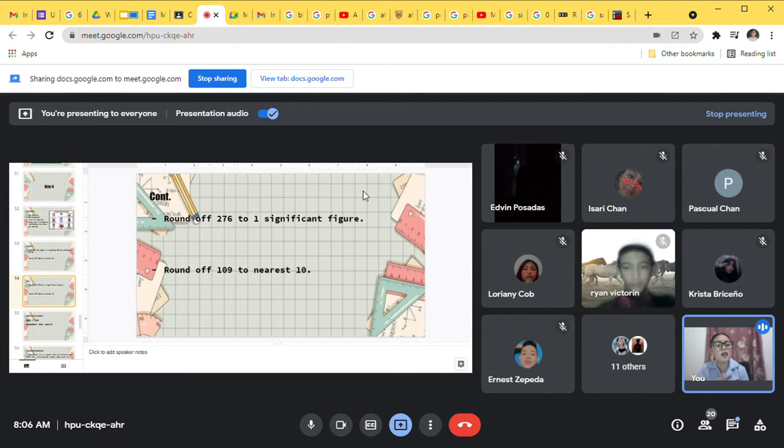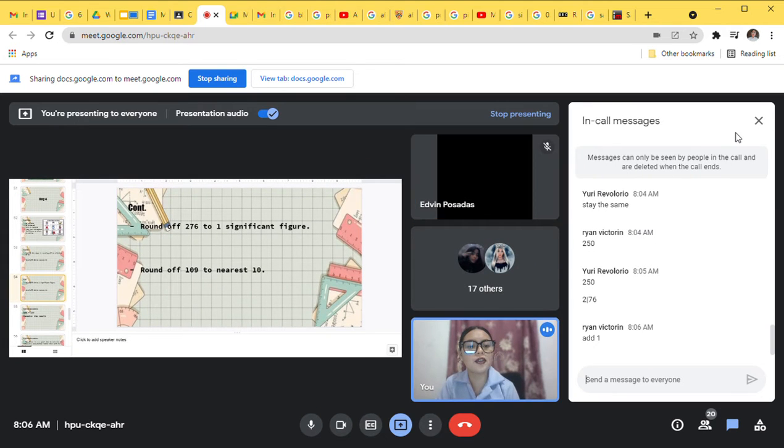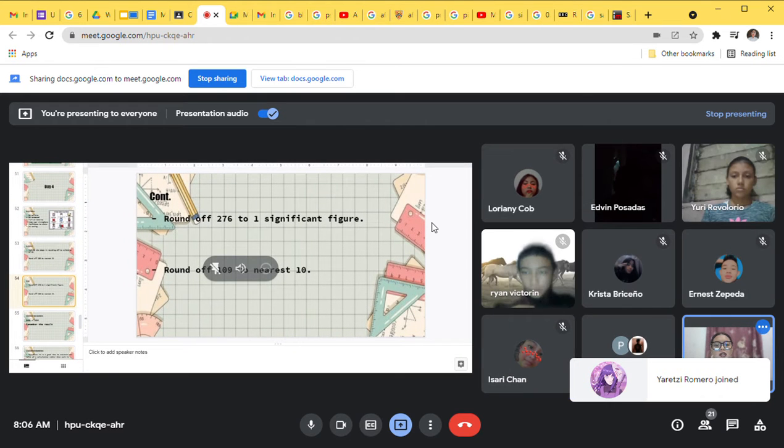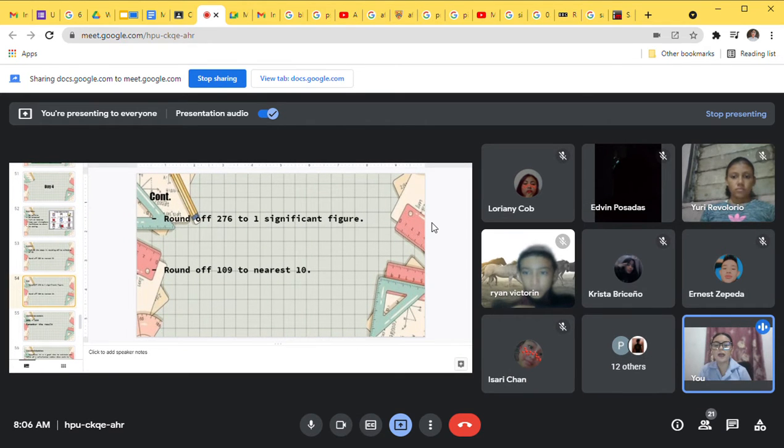So we need to round off there. We take a look at the 7. Since 7 is bigger than 5, then we need to... what do we do? Do we keep the 2 or do we have to add 1? Add one. Very good, right? We add 1. Very good. So we add 1. So that 2 changes to 300 and then that is our answer, right?